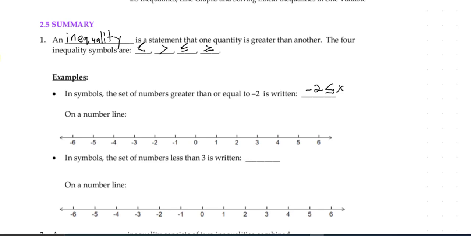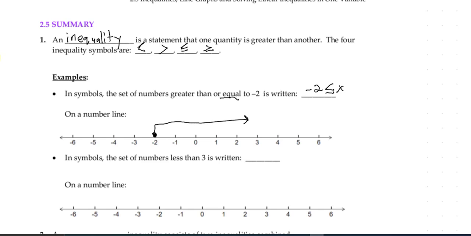So if the set of numbers is greater than -2, it has to be eaten by the alligator, and we point to the smaller quantity. In this case, it would be -2. And because it says or equal, that's why we have the line underneath the inequality symbol. All right, so we go to -2, and because it's greater than or equal, we have a closed dot at -2. And x is bigger than everything, so we can just do something like that.